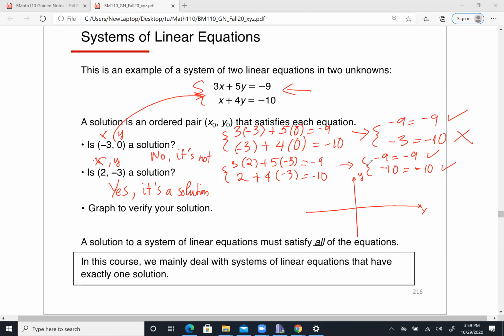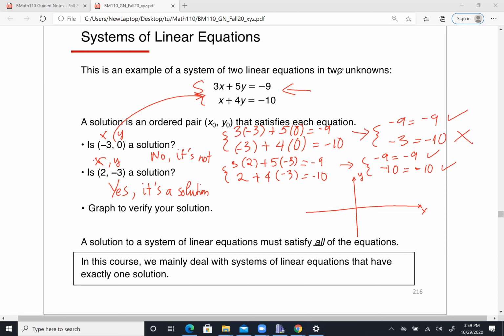For the first equation, 3x plus 5y equals -9, let's try to find the x-intercept.